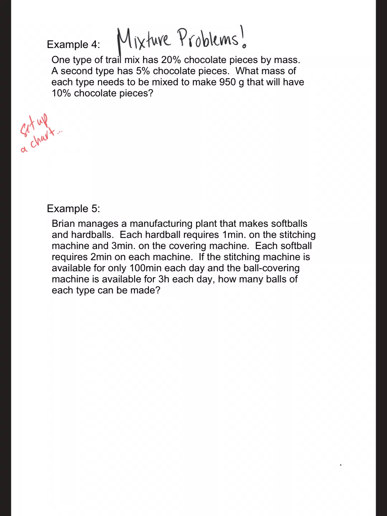The question is asking what mass of each type. We have two types that we're working with here. We have trail mix that's 20% chocolate pieces, and we have trail mix that's 5% chocolate pieces. Those are the two types of chocolate we're dealing with. So first off, those are going to represent our variables.